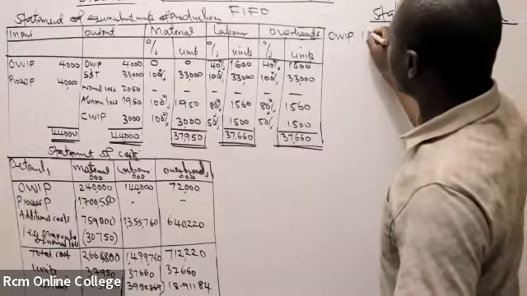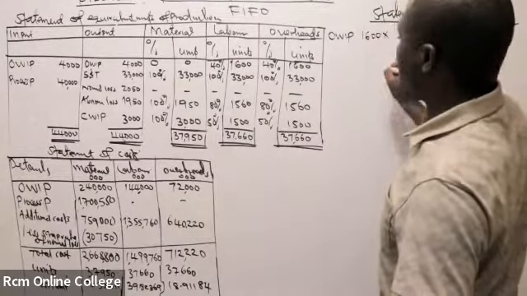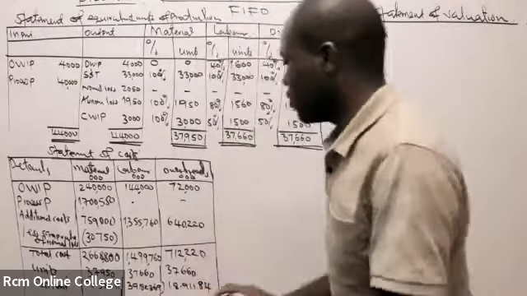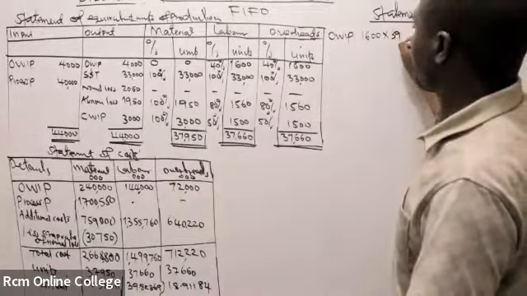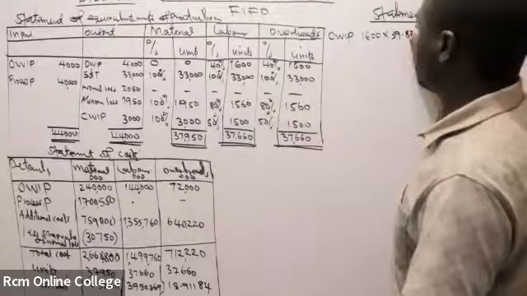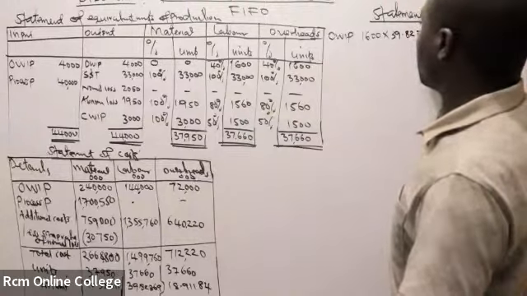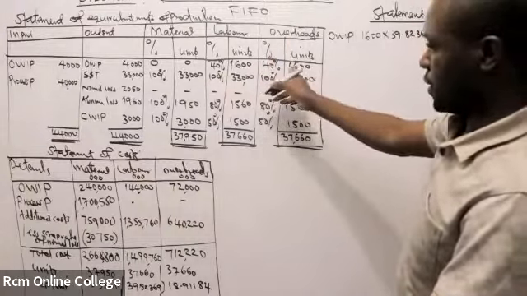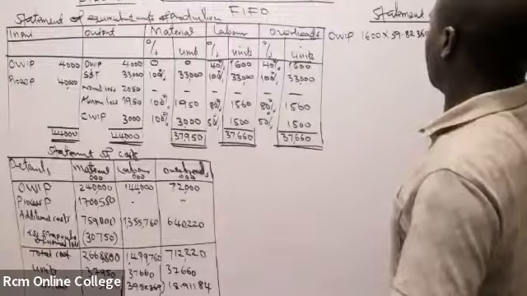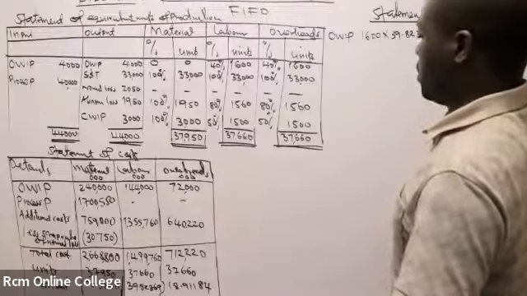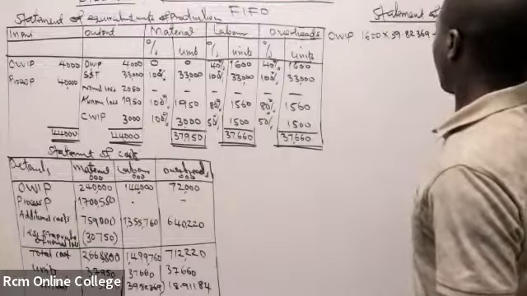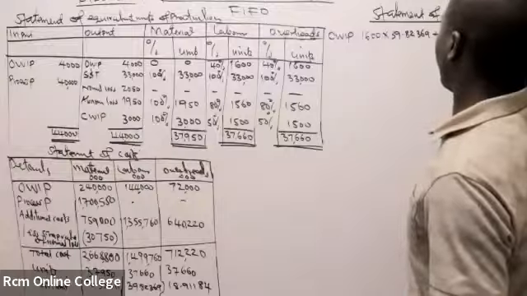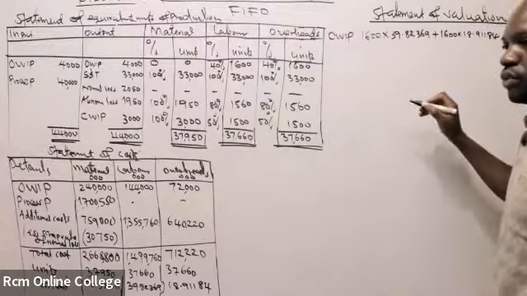So 1600 units, we multiply by the cost per unit under direct labor, which is 39.82369. Plus, we have for overheads, yes, 1600 times 18.91184.